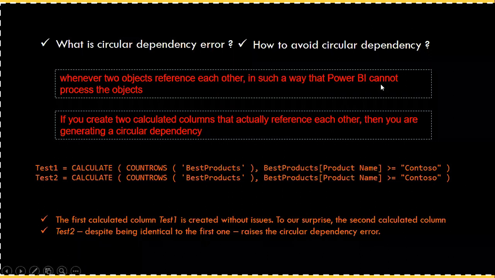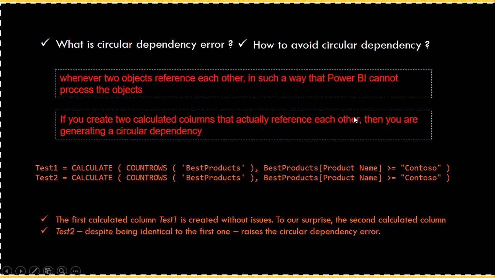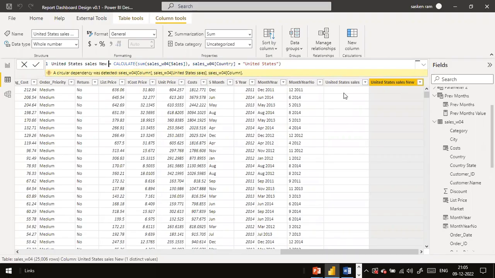This calculated column references the sales column based on the filtering criteria. Even though the new calculated column is different, it references the same thing, so they reference each other. In that case, it will cause this kind of error.